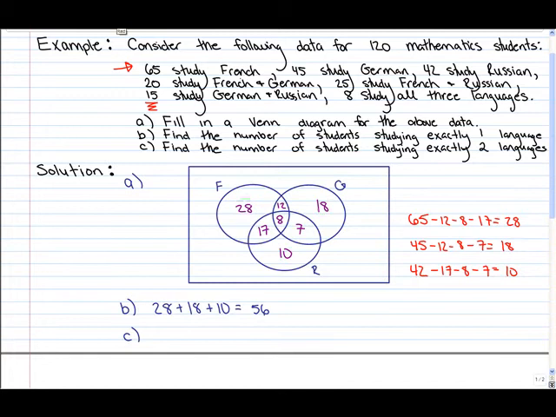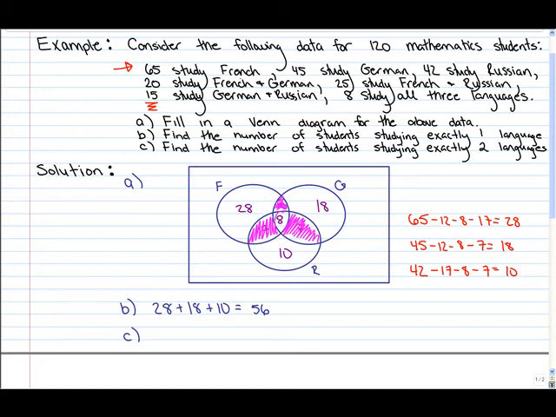For part C, it's asking you to find the number of students studying exactly two languages. Now to study exactly two languages, where would that be based on the Venn diagram? Well, these students here study exactly two languages, as well as these students in here, as well as these students here.